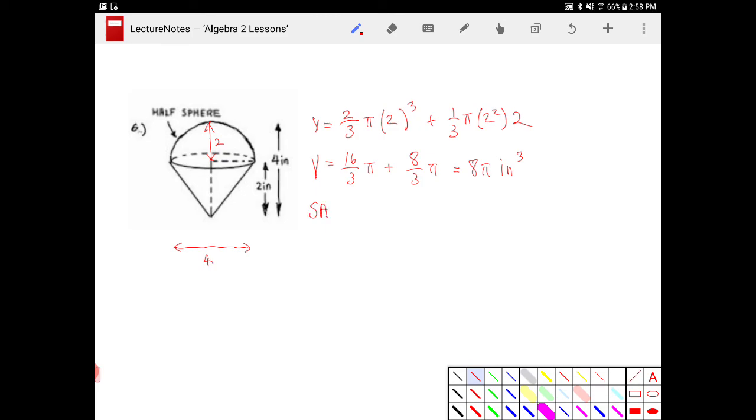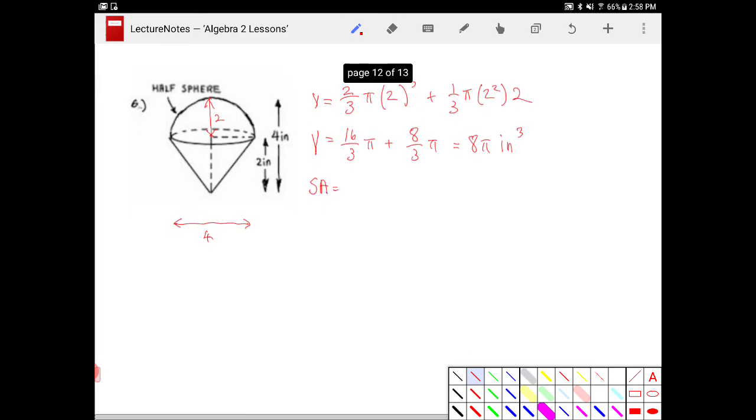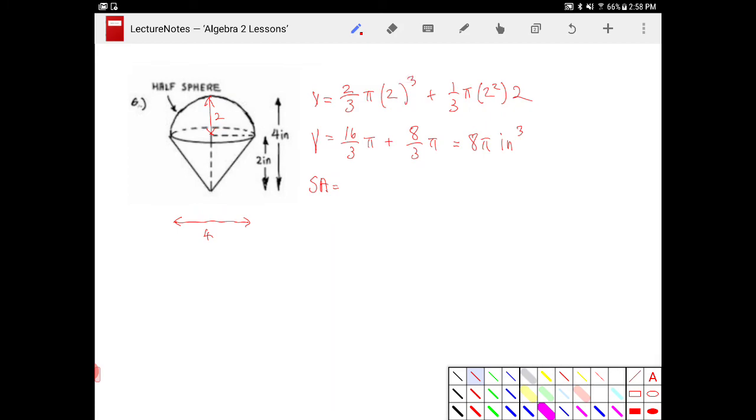The surface area is equal to the area of the hemisphere. So instead of 4 pi r squared, it's going to be 2 pi r squared, plus the lateral area, which is pi times radius, which is 2, times the lateral edge, which is this length right here going across.